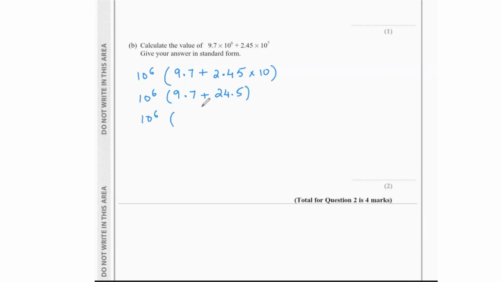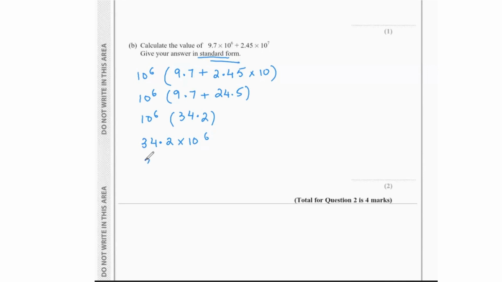Add the two, and that's going to give us 34.2. So now what we have is 34.2 times 10 to the power of 6. And since it says standard form, in standard form, your decimal comes after the first non-zero digit.